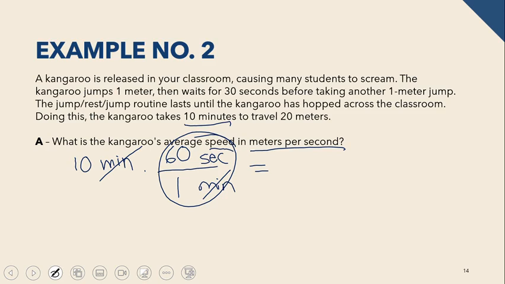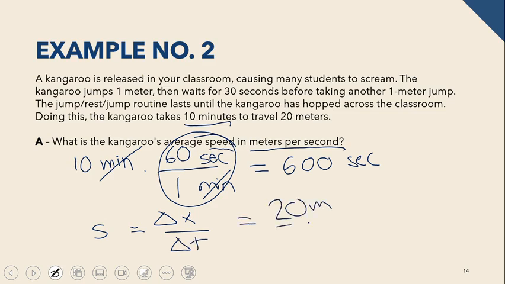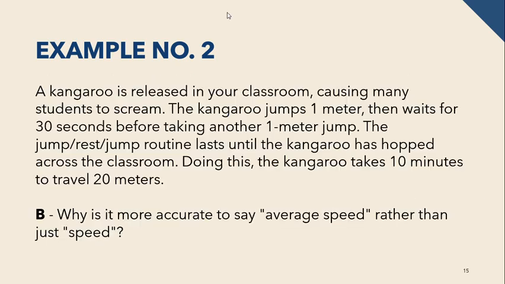So you multiply 10 and 60, and that gives you 600 seconds. Now we need to find the kangaroo's average speed. So if you remember, speed is equal to the change in position over the change in time. So that's going to be 20 meters over 600 seconds, which is going to be equal to 0.0333 meters per second.